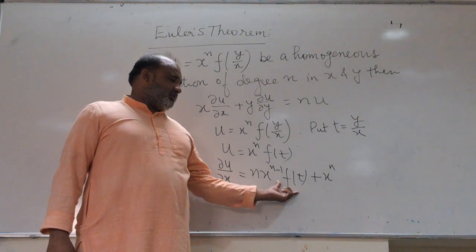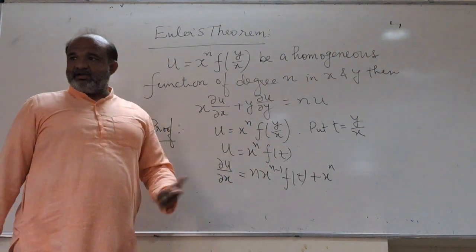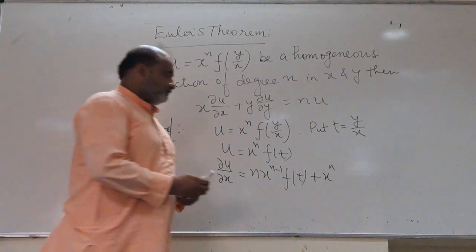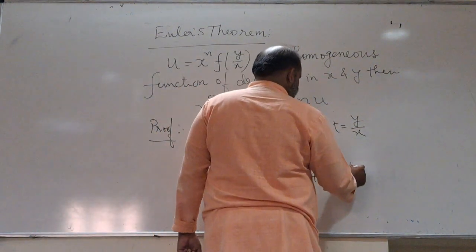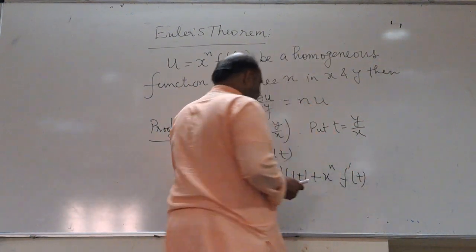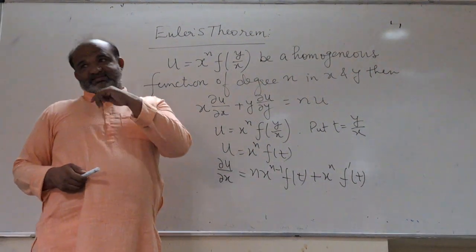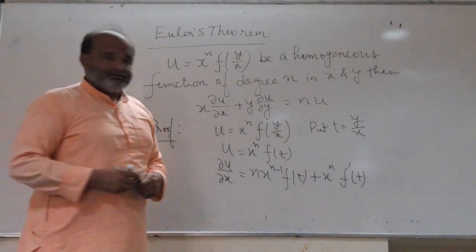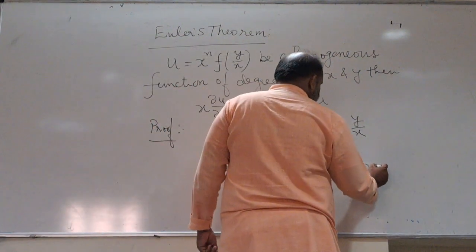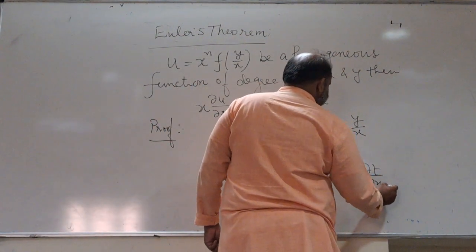If I apply the chain rule, this will be f'(t), the derivative of f with respect to t, and then the derivative of t with respect to x, and of course partial, so into ∂t/∂x.